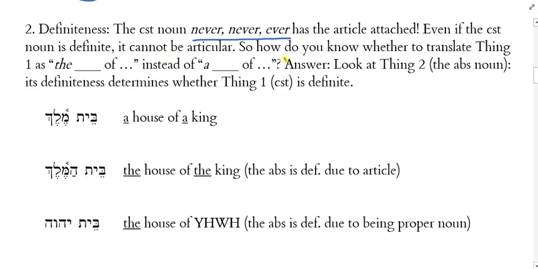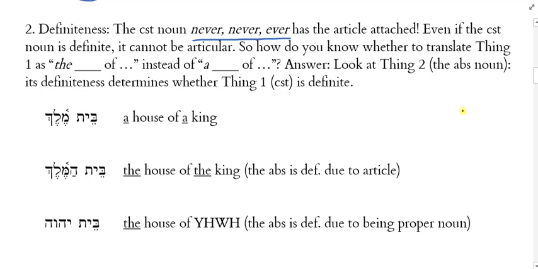So, how do you know whether to translate thing one as the blank of instead of a blank of? And the answer is to look at thing two, the absolute noun. If thing two is definite, thing one is definite.